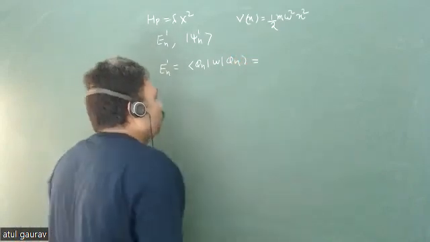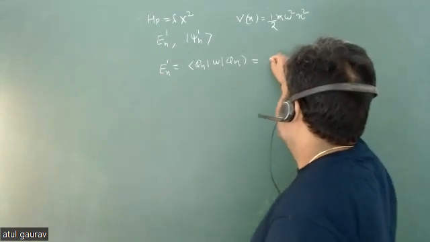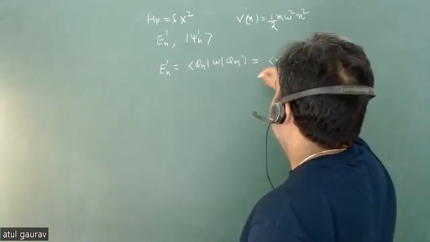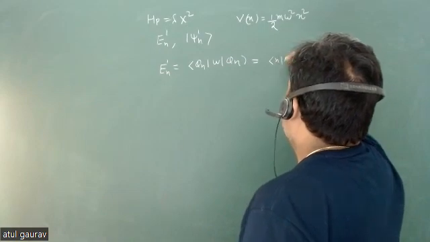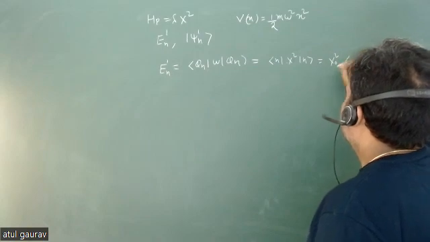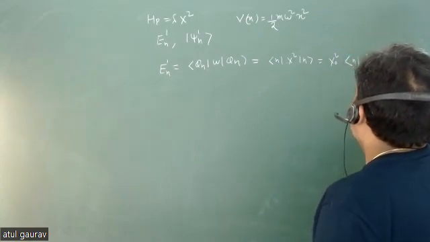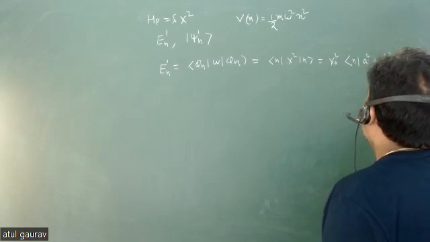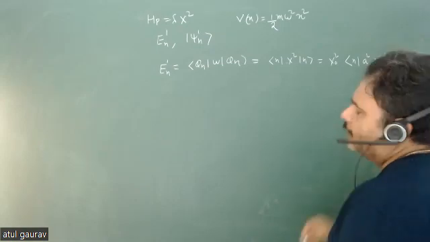But here we know we can go for the operator method. So when we will go for operator method, that is <n|x square|n>. And what is your x square? This is nothing but x naught, and x square is equal to a square plus a dagger square plus (2n plus 1) |n>. याद है?